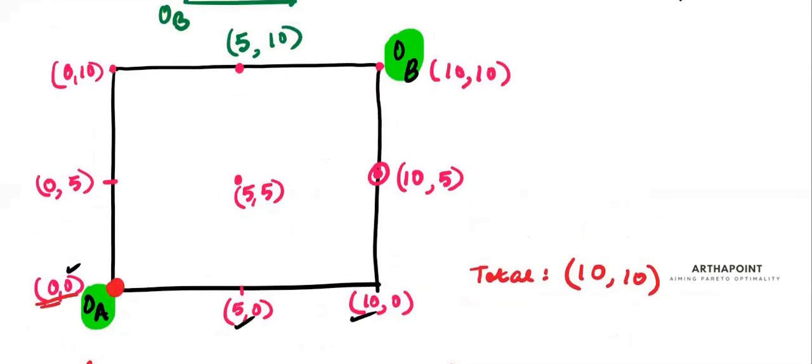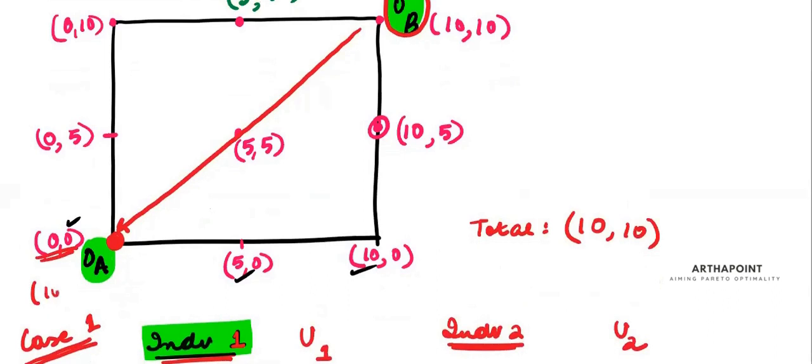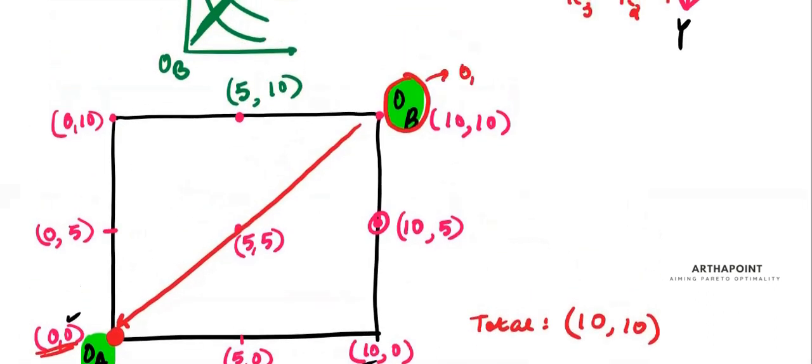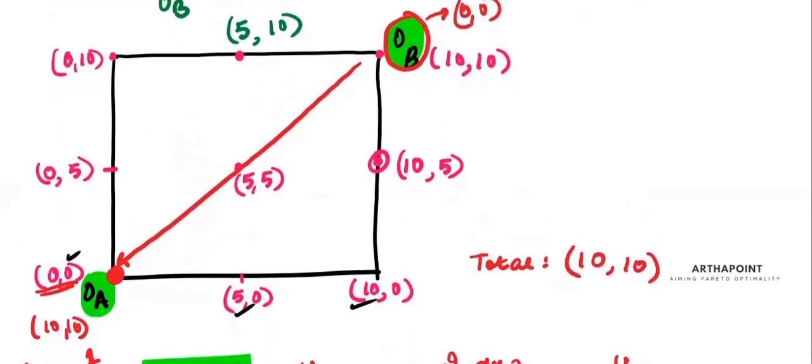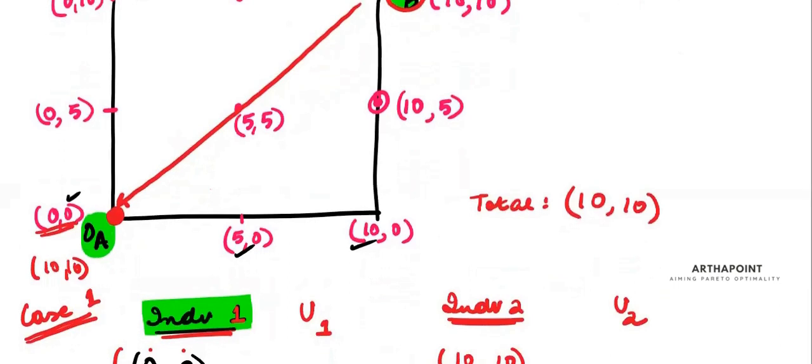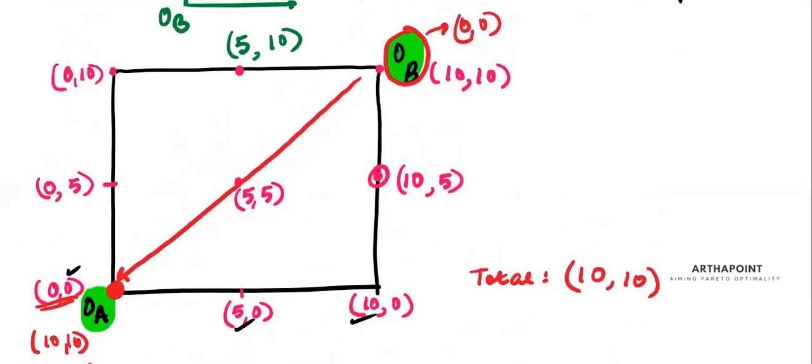But this 0, 0 is the farthest away from the origin of individual B. So this is where individual B will have 10, 10. Because for individual B, this is 0, 0. Here he doesn't have anything. So for individual B, when individual A has 0, 0, he has 10, 10.